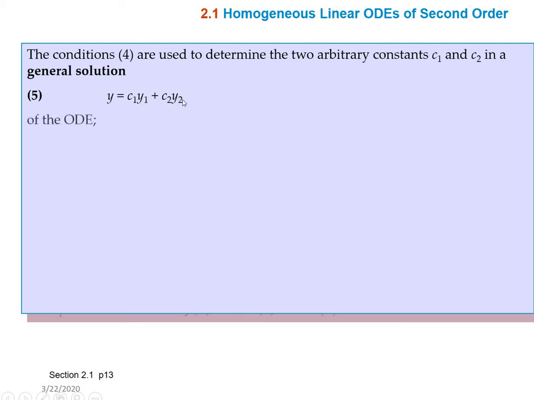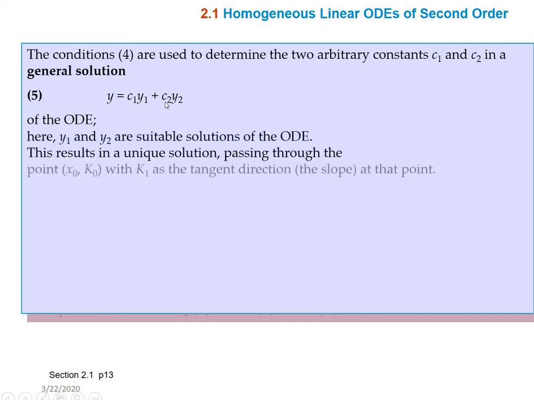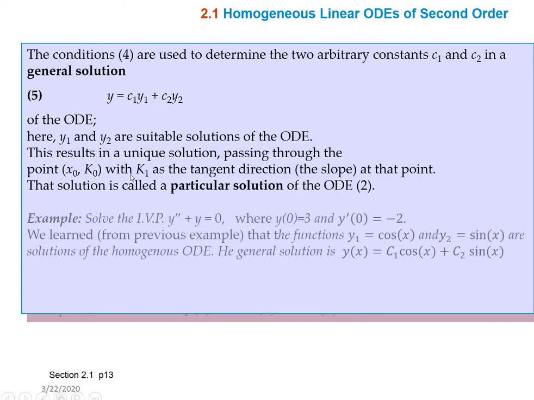Now, to find the two constants C1 and C2, I need the two initial conditions. Differentiate y, plug y at the first point, plug y prime at the second point, and you will be able to find C1 and C2.